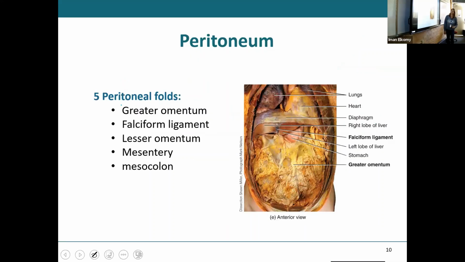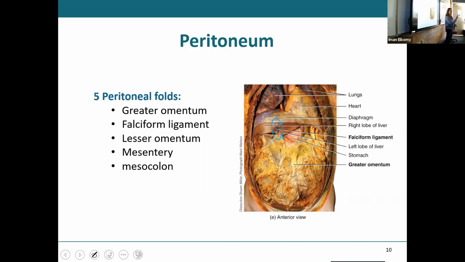Let's talk about those spaces where it folds over itself. The greater omentum, that big fat yellow bib of fat in the front, is actually a fold of peritoneum. The lesser omentum is a fold of peritoneum. Remember the one between the stomach and the liver? There's also a falciform ligament right here between the two lobes of the liver.